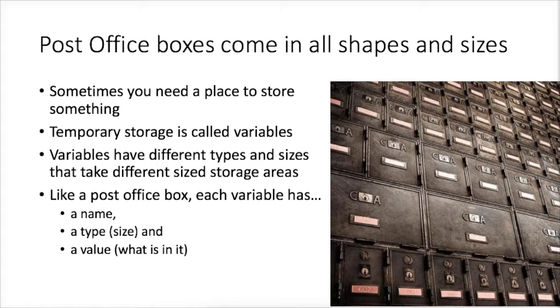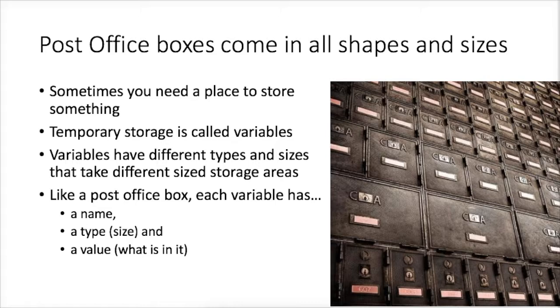And just like these post office boxes in the picture, variables have different sizes or types of storage that you have to consider. In fact, each of these post office boxes and each variable that you're going to use in a program have really three things. They have a name. A name of a variable equates to the number on the front of a post office box, right? They have a type.